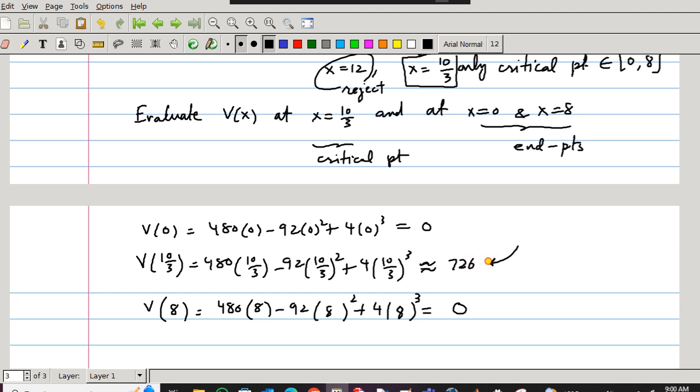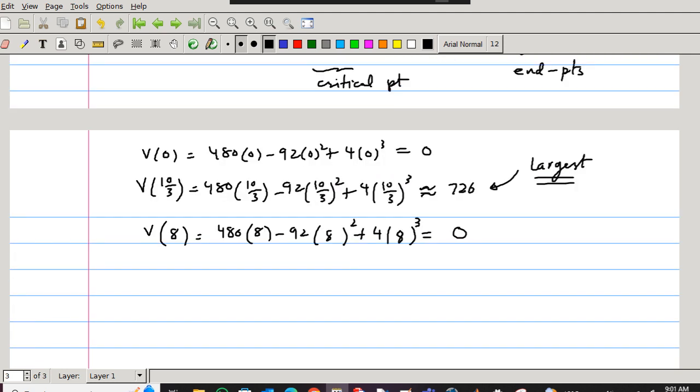So this is the largest. Then we compare which one is the largest. This is the largest, right? So because this is the largest, we can say that my volume V is maximum, is largest when x is 10 by 3.